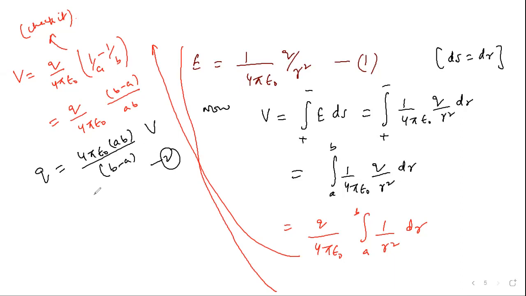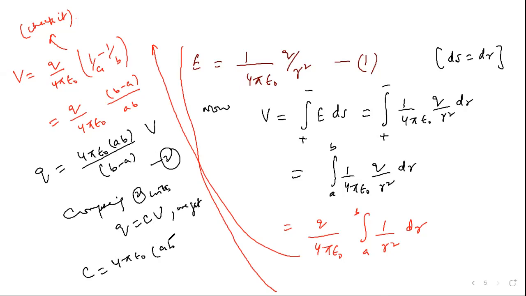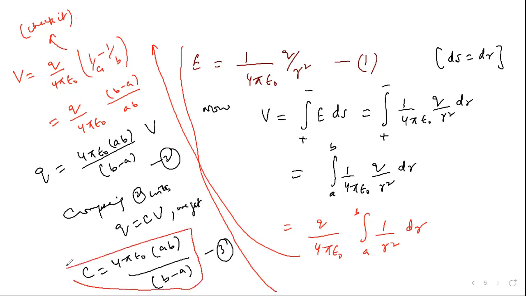So comparing the second with Q is equal to CV, we get C is 4 pi epsilon naught ab by b minus a. This is my third, and this is my required expression, right?